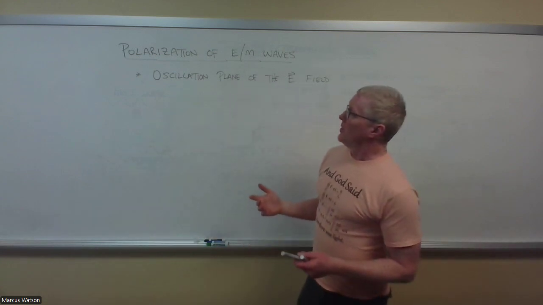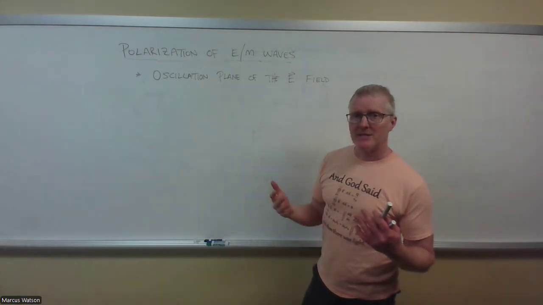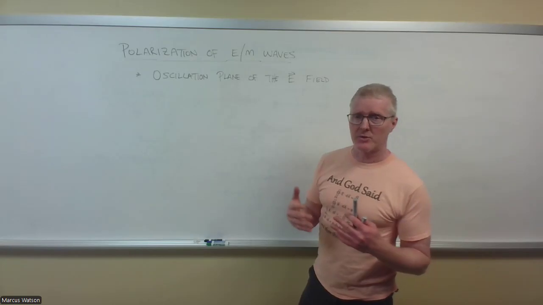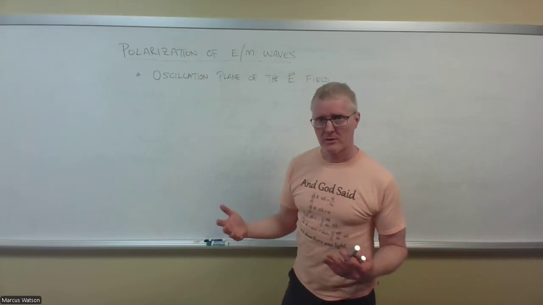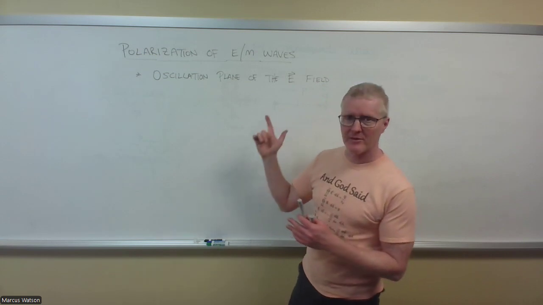So, typically when you are emitting light, it is random which direction the light is going to emerge with its electric field direction pointing, right? It's going to be a random direction.